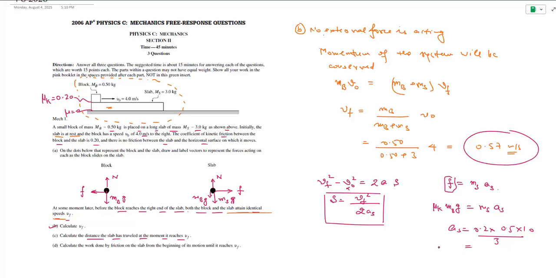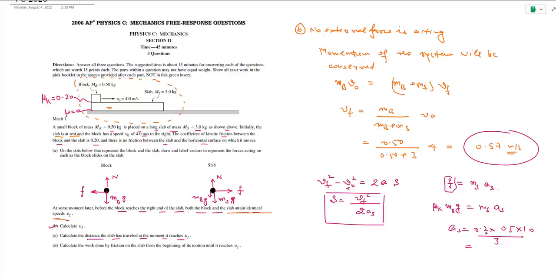So calculate what is As, the acceleration of the slab. You can simply put it here, or you can calculate it. So that is 10 by 3.